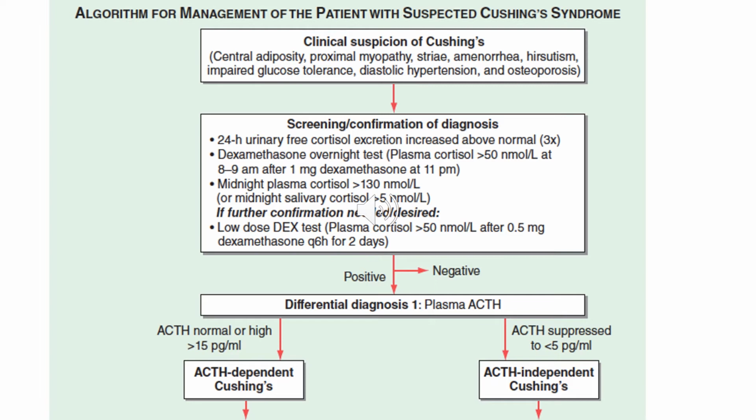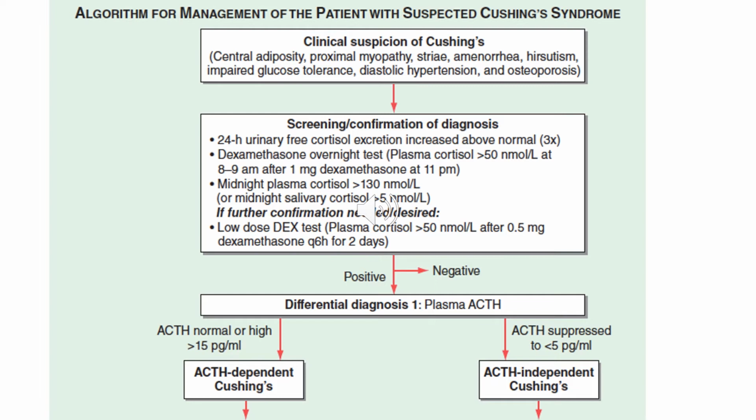Now, a normal ACTH or high ACTH, that's above 15 picograms per ml, then this might be a patient with ACTH-dependent Cushing syndrome. And the most common cause of this one is Cushing's disease or pituitary Cushing's.